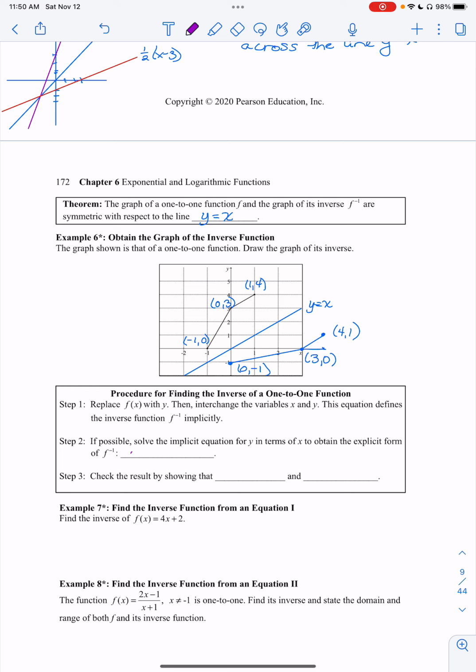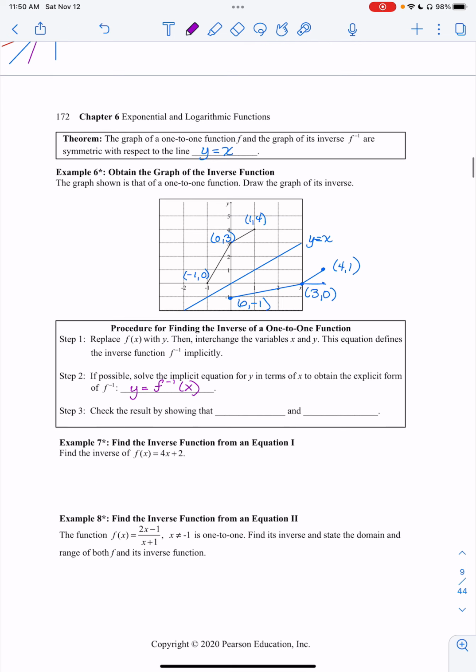So we're going to have y equals f inverse of x. And we'll go through this in a second. And then you can check the result by showing that f inverse of f of x equals x, and that f of f inverse of x is also equal to x.